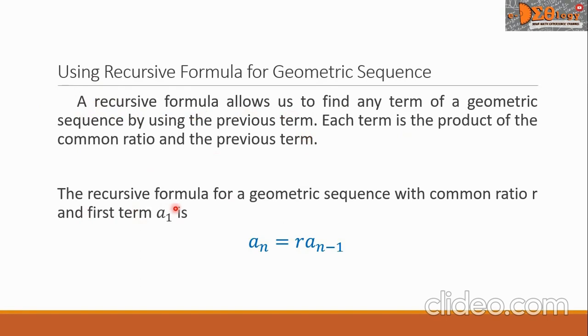The recursive formula for a geometric sequence with common ratio r and first term a sub 1 is this formula: a sub n, the general term, equals r times the previous term, which is a sub n minus 1. There is a condition that the n here, or the number of terms, must be greater or equal to 2.